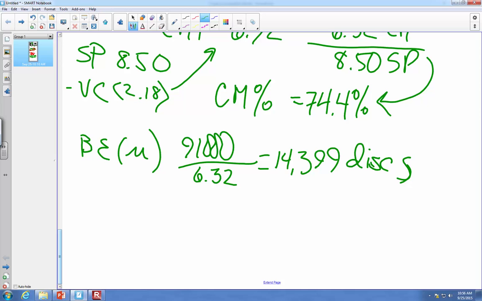You should easily be able to also tell me, what is that in total dollar sales? Yep. And you can do that one of two ways. You could take that 14,399 and just multiply it by what? 8.50. Or you can go through the calculation that we practiced.